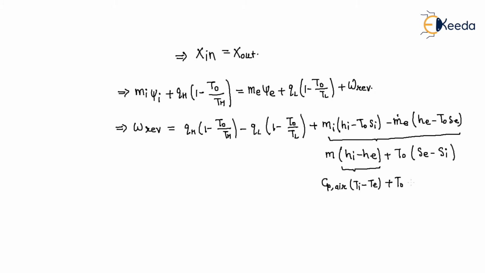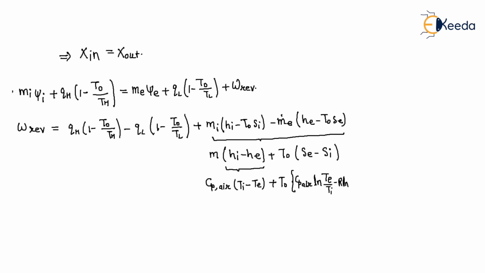What is this? Cp of air ln Te by Ti minus R ln Pe by Pi. So this is your this value and this is your this value.